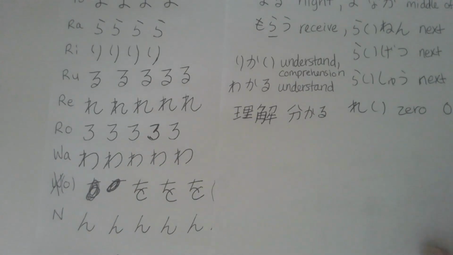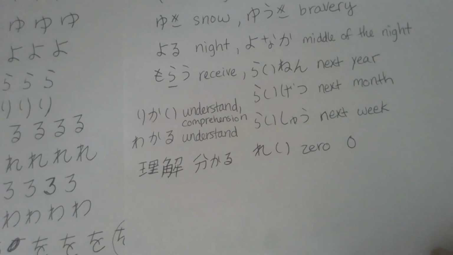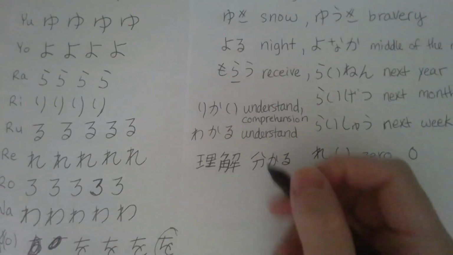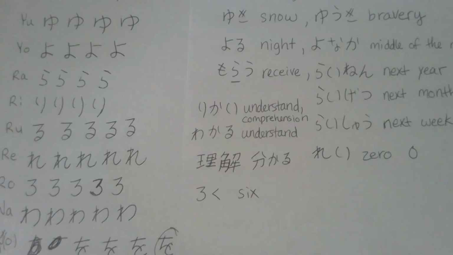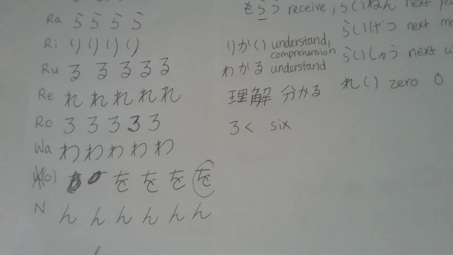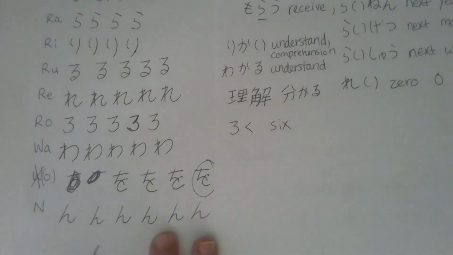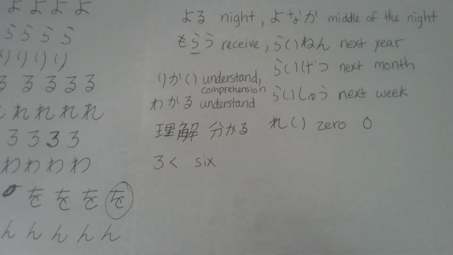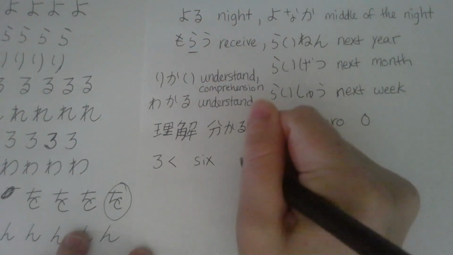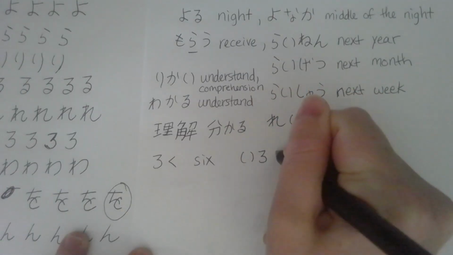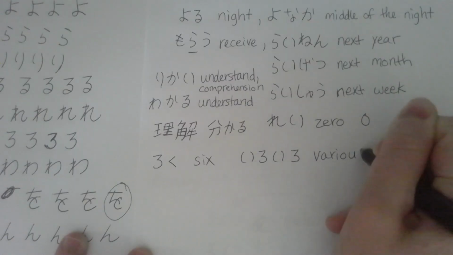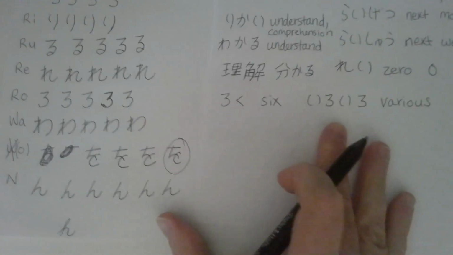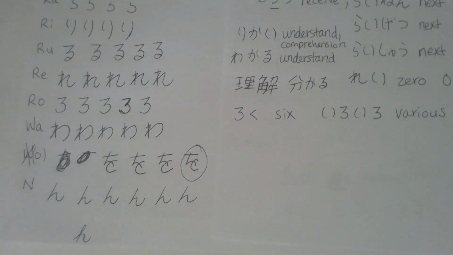Alright, next one is ro. Oh, I know. Roku means 6. Roku, the number 6. We can also do like iro, which means various. Iro. Alright, next is wa.